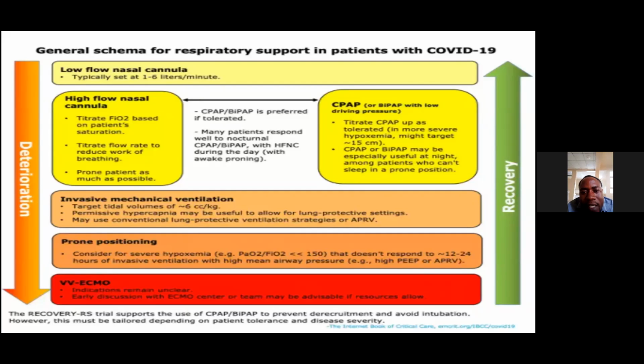So generally, the key message in the last two tables is to explore the possibilities that are in your settings and try to escalate the oxygen therapy if you are not yet achieving the goals for the patient you are supporting with oxygen therapy. Next slide, please.